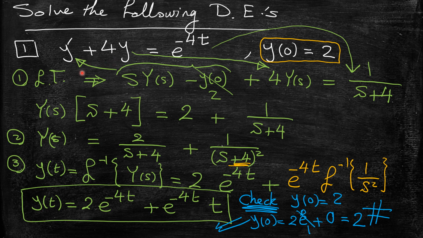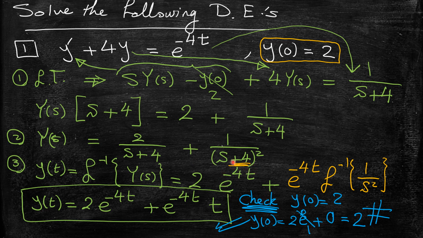So again, moving through this whole example, we have y' + 4y = e^(-4t). We took the Laplace transform of the equation on the left-hand side: it will be sY(s) - y(0) + 4Y(s), and the exponential is 1/(s+4). And then Y(s), after simplification, will end up as 2/(s+4) + 1/(s+4)^2. The first term has its Laplace inverse from the table, it's the exponential.